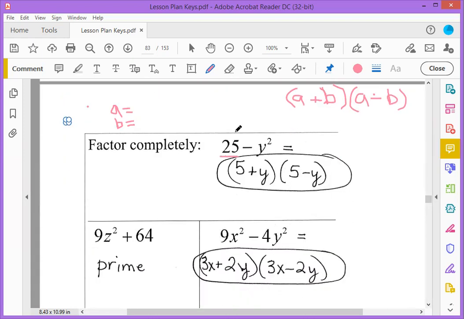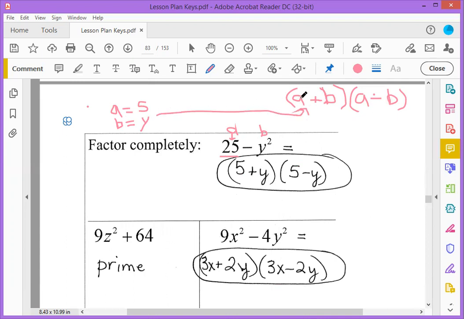Now, a just stands for the number that we're squaring to get 25. What are we squaring to get 25? That's 5. The b term is the term that we're squaring to get y squared. What do we square to get y squared? It's y. After you figure out what a and b are, you factor using this method.